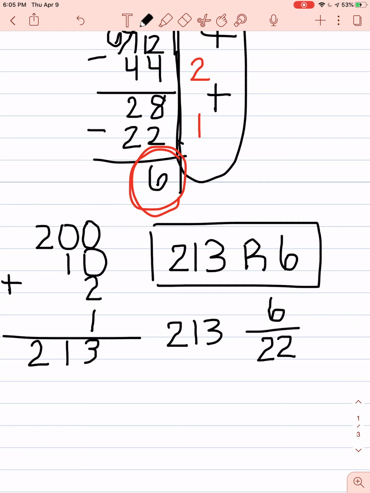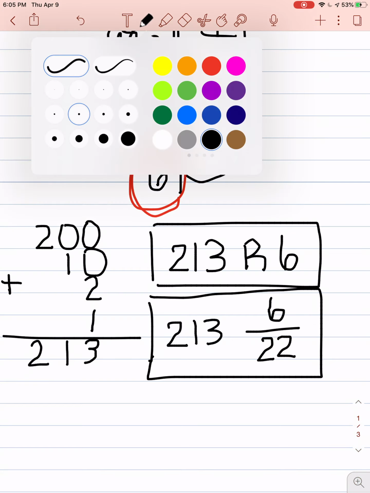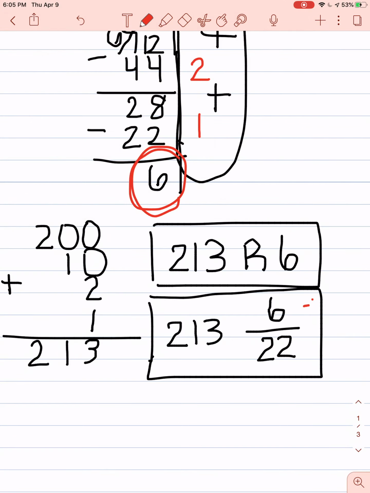Now, this would be an acceptable answer, but I'm going to ask some of you guys how to simplify this. How you would simplify this is you would divide the top and the bottom number by 2. That's how you simplify.